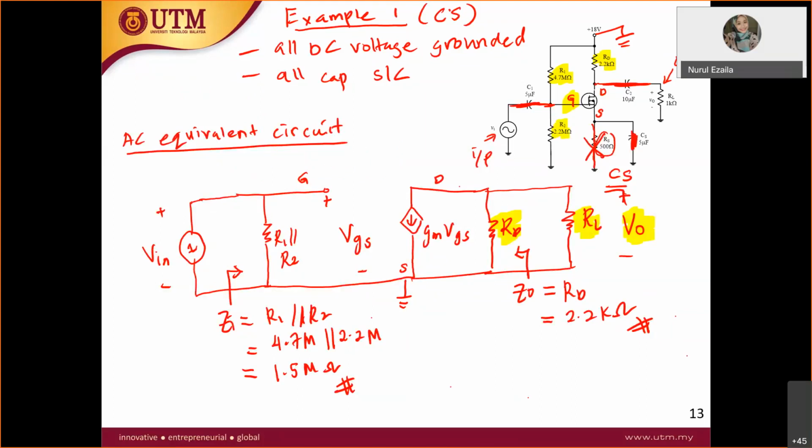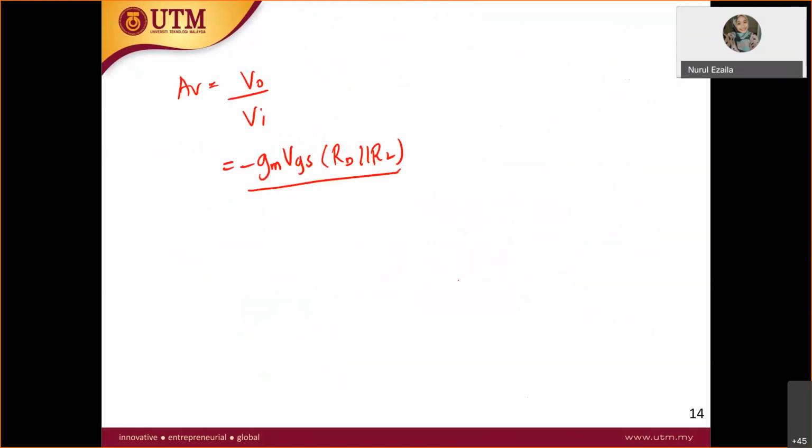As you can see, this V in is parallel with this VGS in the same node. Therefore, V in is equal to plus VGS. You cancel this out and you get negative GM RD parallel with RL.